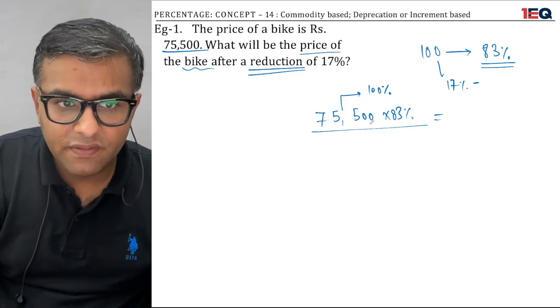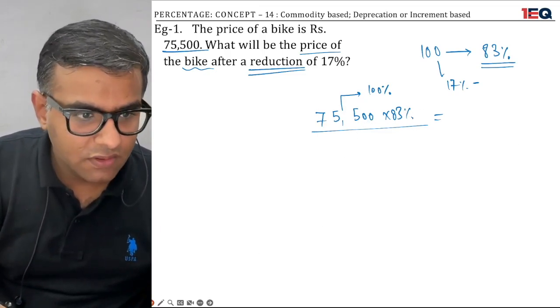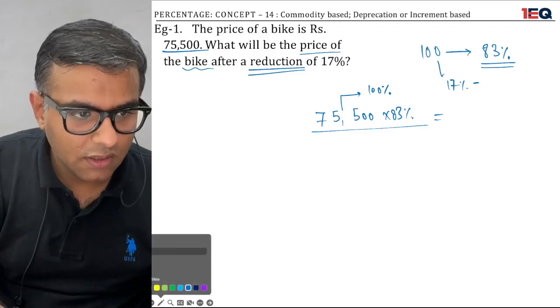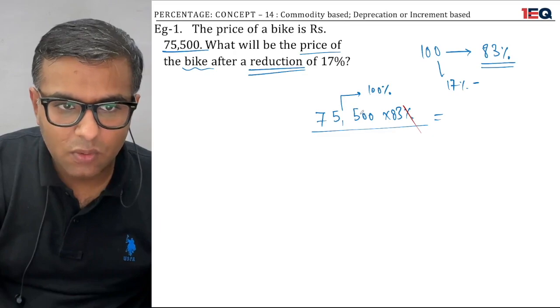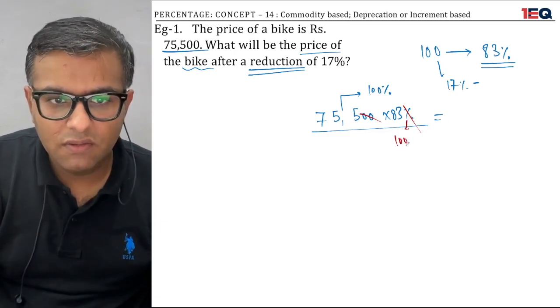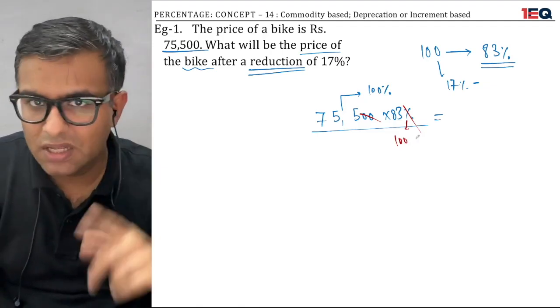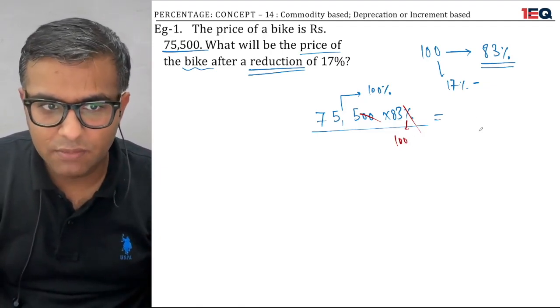So 755 multiplied by 83. I will show it with another color marker. This percentage sign can be cancelled out with the last two zeros, because the percentage sign would give you 100 in the denominator and they can be cancelled out. I'm just skipping steps to help you understand how quickly things can be done.